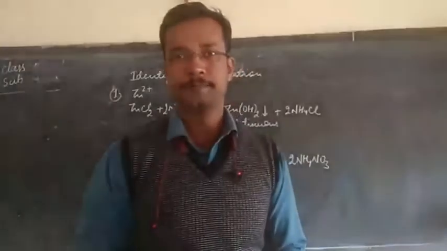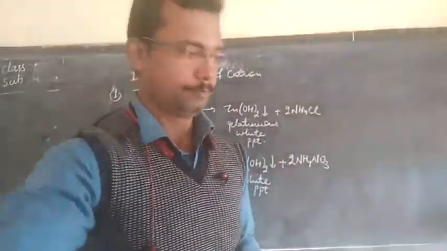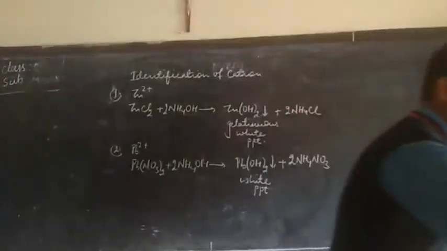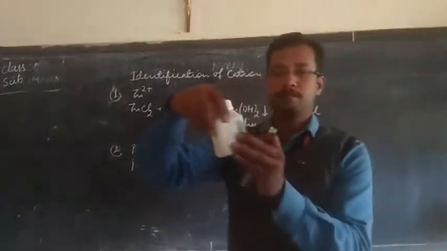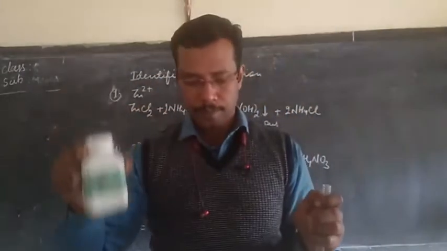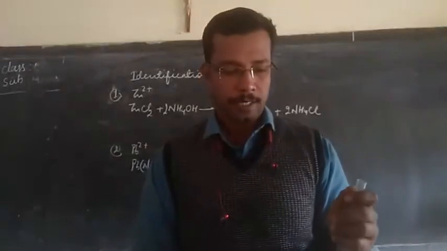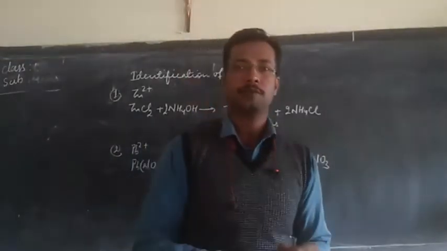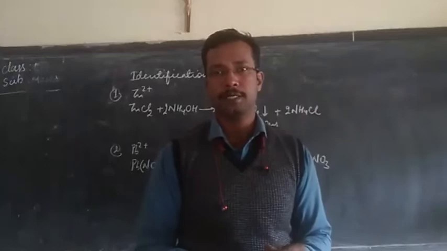For this we have to take lead nitrate. I have taken this lead nitrate here, and to this lead nitrate I am going to add water to prepare a solution of lead nitrate.